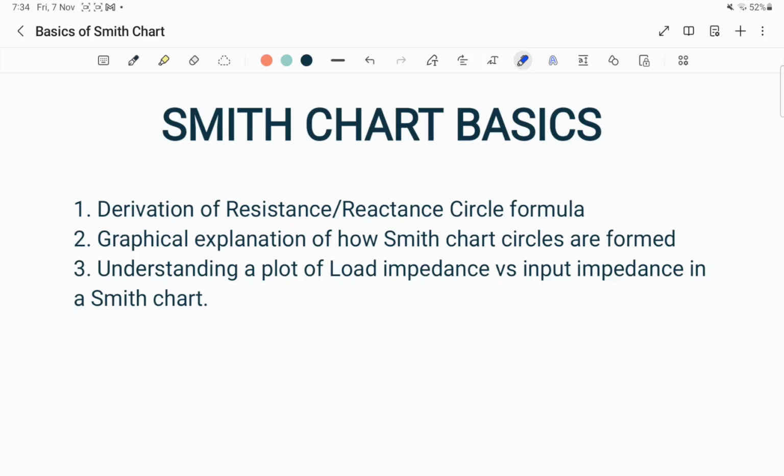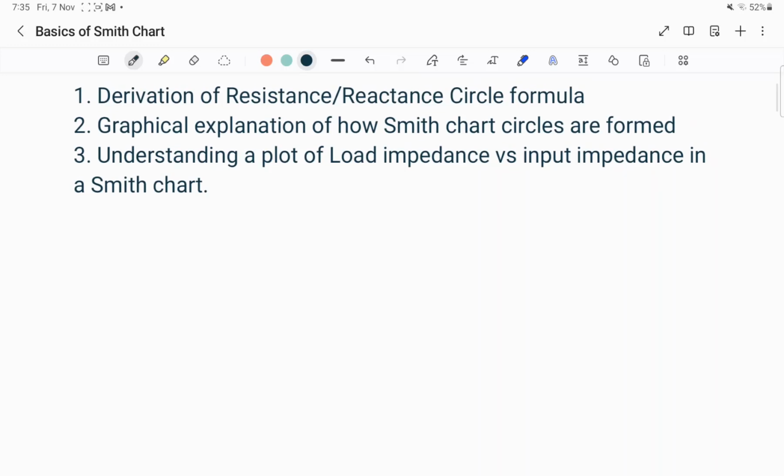So this is why I have chosen only these three topics for this lecture. Okay, alright, now let us start with our first topic, which is derivation of resistance and reactance circle formula.